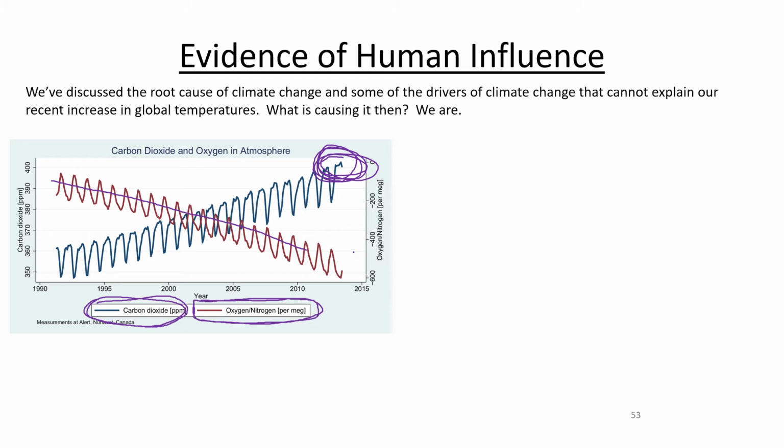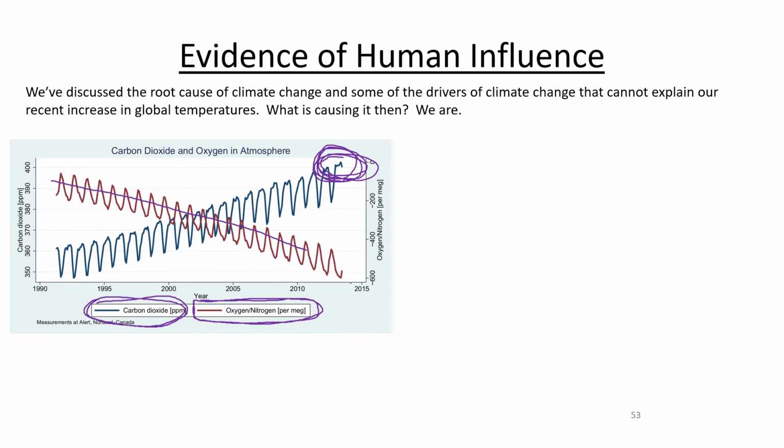Okay, so the reason this graph is stark evidence that we are the ones causing this is that combustion requires oxygen to produce the carbon dioxide and water vapor that come out of combustion processes. Whenever we burn coal or natural gas or something along those lines, we create carbon dioxide by combining energy and O2, atmospheric oxygen.